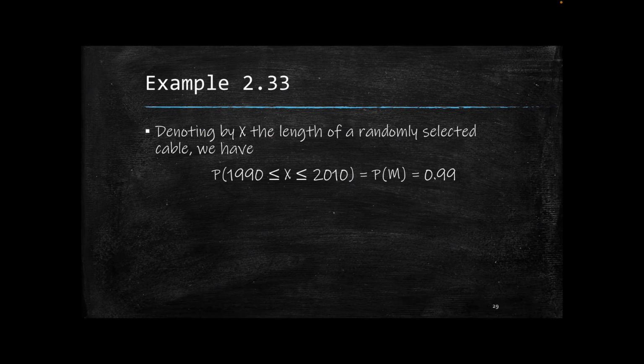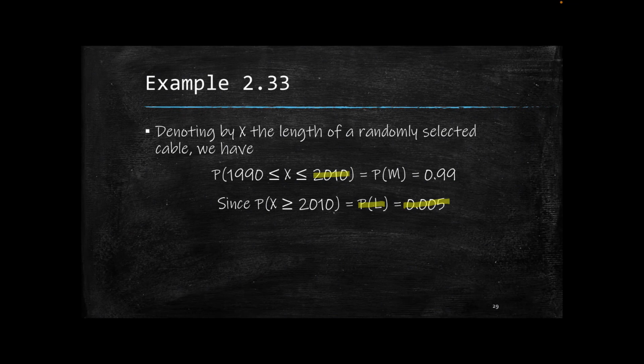For the question asking to find the probability that a randomly selected cable is too large, it is in this range, which is P(X larger than 2010), and this is equal to P(L), equal to 0.005 that we have computed previously.